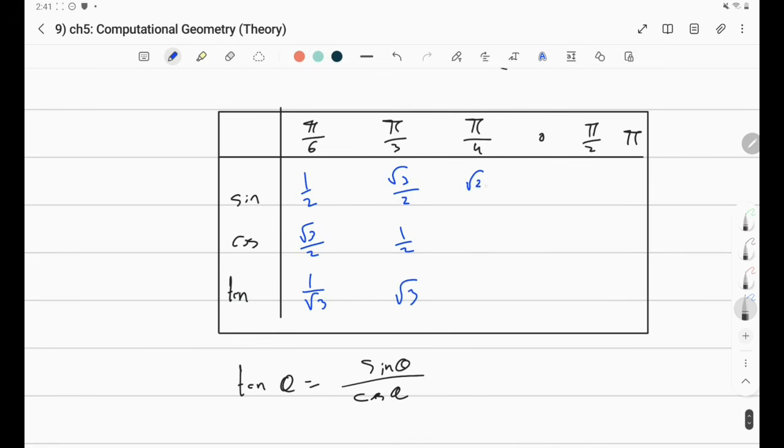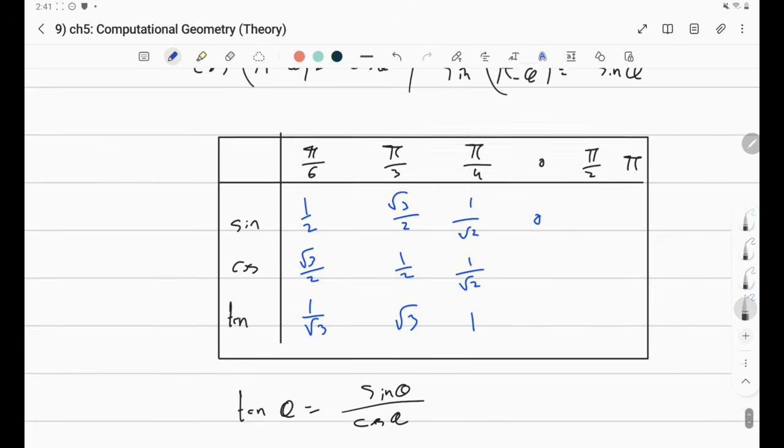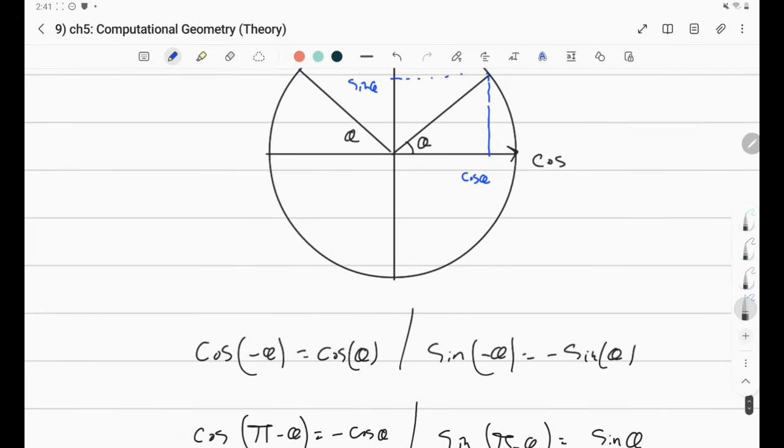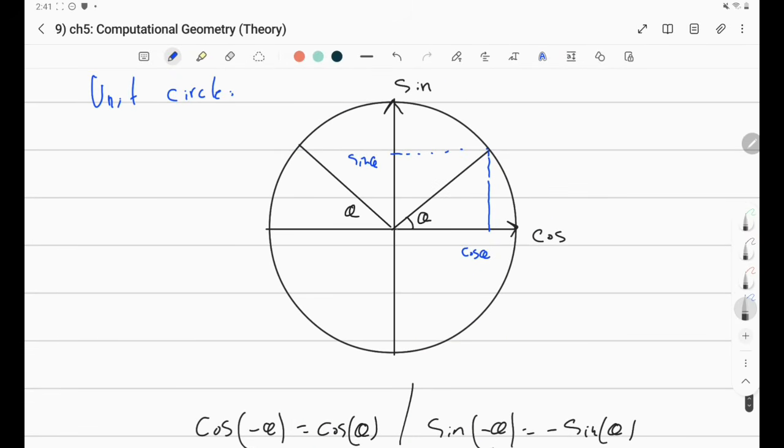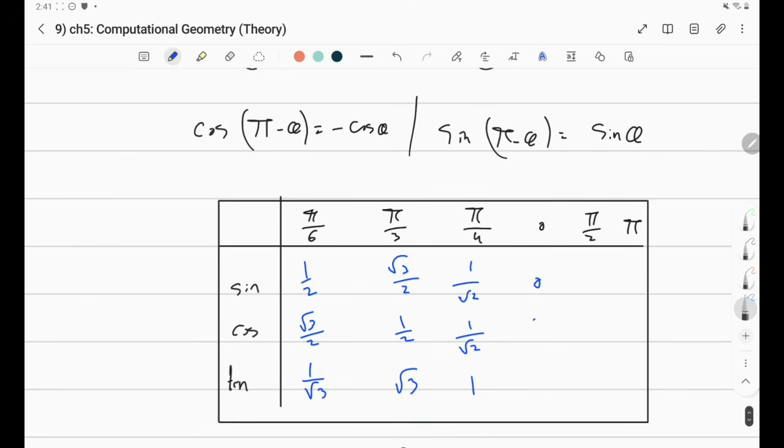Pi over 4, they are equal. They are basically 1 over root 2, 1 over root 2, and tan is 1, because they are equal. For 0, the sine is 0. Again, if you get confused, just go here. So 0 means we're at this point, right? Look at this point, because the x coordinate is 1, the y coordinate is 0. And hence cosine is 1, sine is 0.